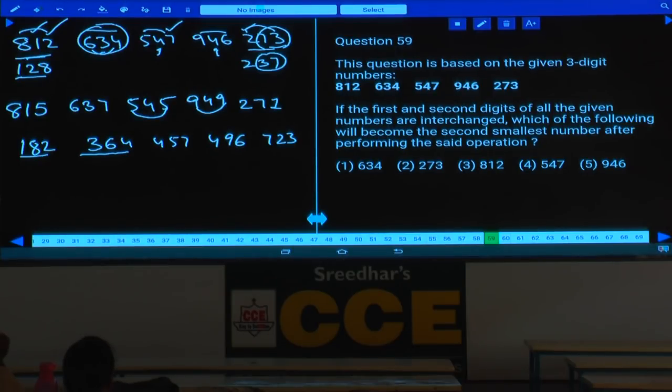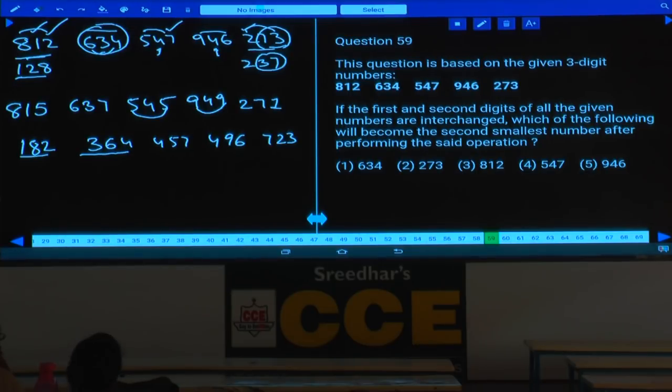Now if the first digit is 9, it comes under 900s, that will be the highest number. The first digit is 2, then that will be 200s, it will be the least number, and so on. Hence, in order to determine whether a number is the highest number or a smallest number, it is always based on the first digit, isn't it? Now tell me in this operation, which digit is coming to the first place? Second digit is coming to the first place.